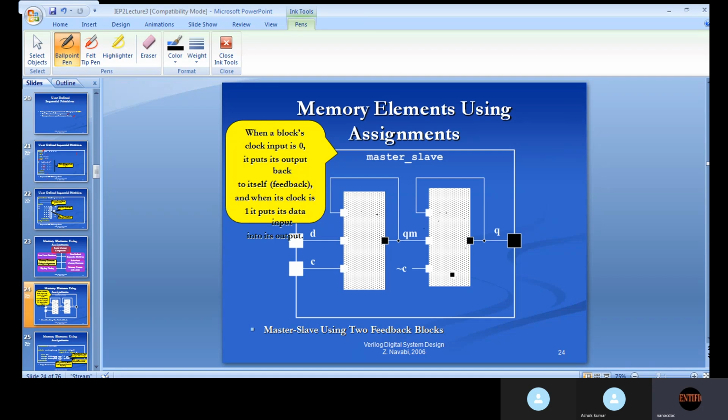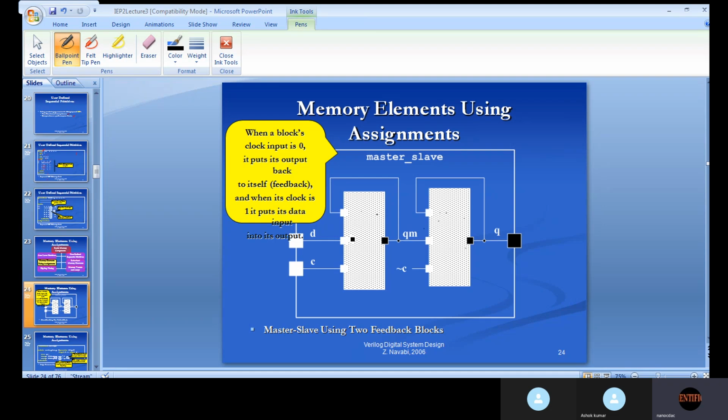For this also when clock is equal to 0, so the output will be rotating here itself. Okay, that means feedback. So when clock is 1, clock 1 ఉన్నప్పుడు ఏంటి, whatever the data is there it will be given to the next clock.